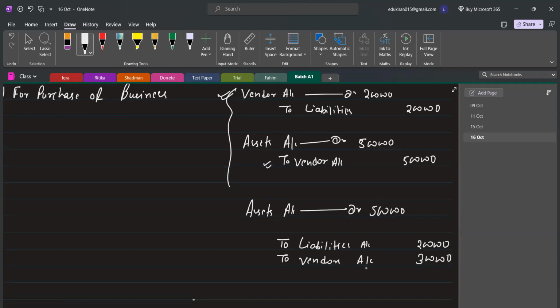Now, what if the question tells you that we have to pay 4 lakh to the vendor? In that case, what will happen here? What will change here? This is very important.